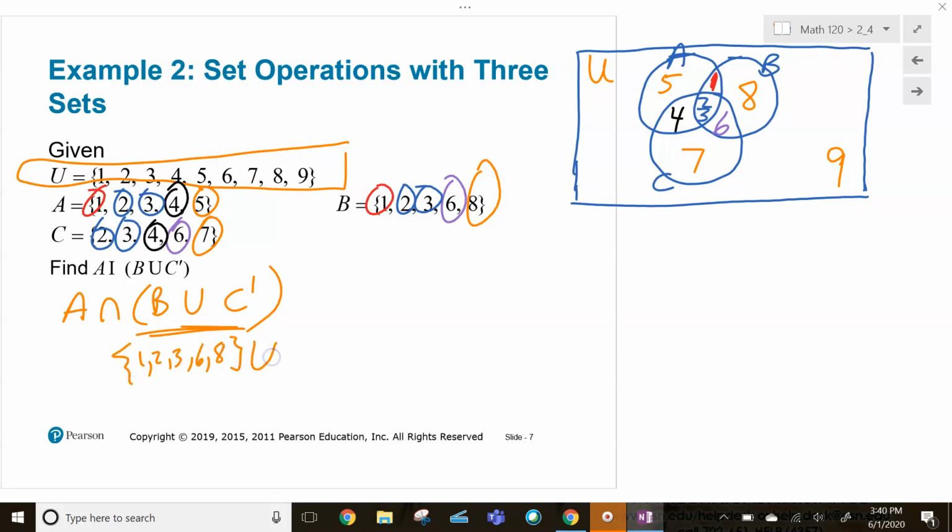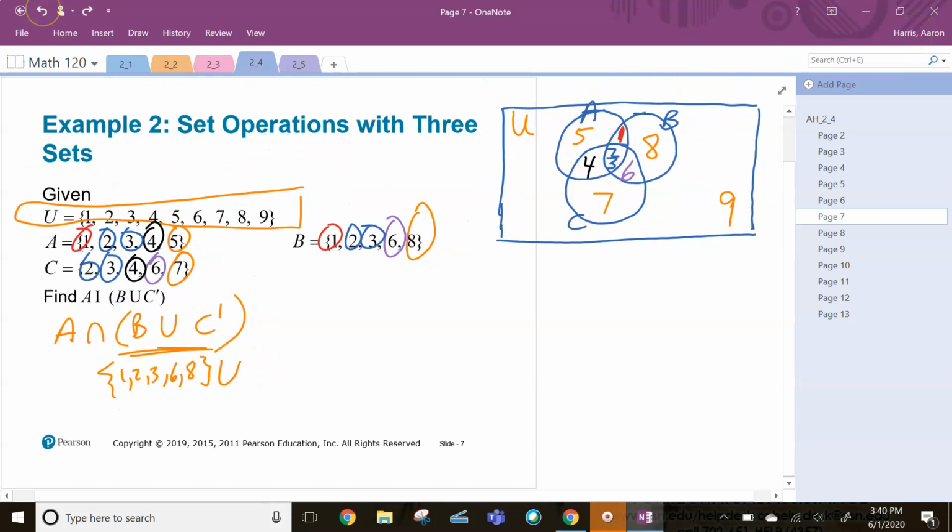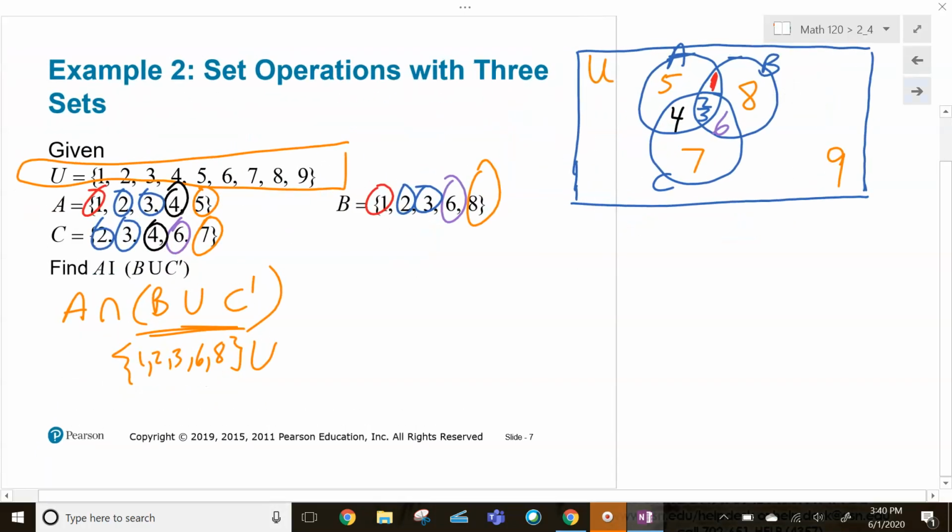And I'm going to find the union with not C. So not C would be, looking up here, everything but C, so 1, 5, 8, and 9 is left.